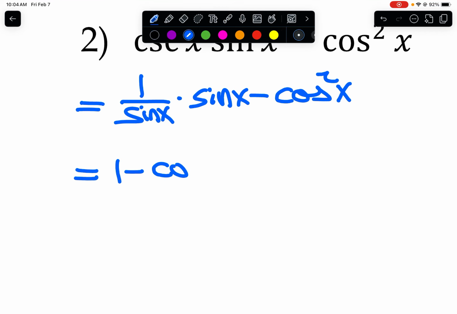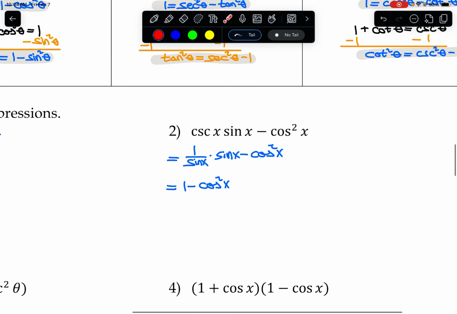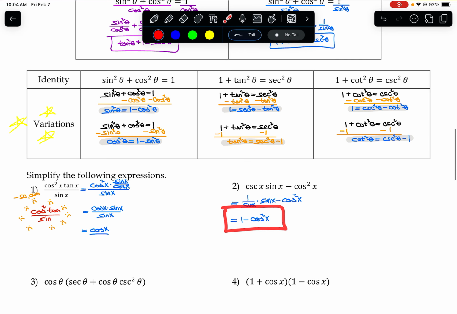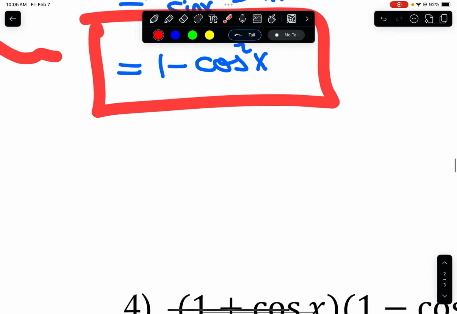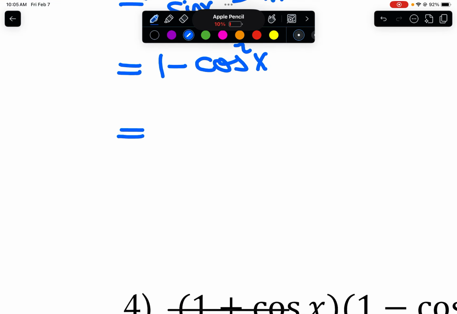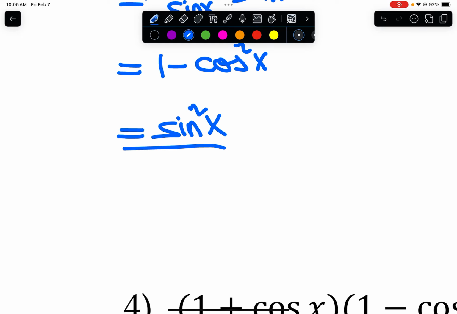So 1 minus cosine squared x. And then hopefully you kind of recognize this variation. 1 minus cosine squared x is a variation of Big Papa. So 1 minus cosine squared x is the same as sine squared x. So down here is just going to be sine squared x.